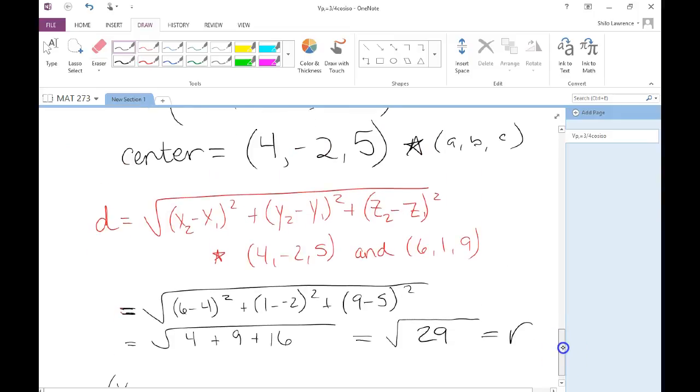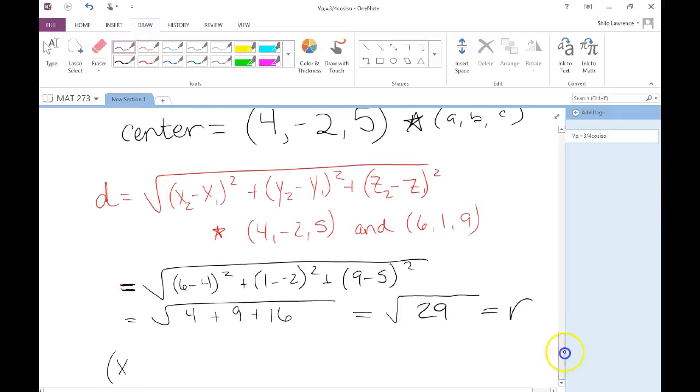So our center was 4, negative 2, 5. So x minus 4 squared plus y minus negative 2 squared plus z minus 5 squared equals radical 29 squared. And we do need to clean this up a little bit.